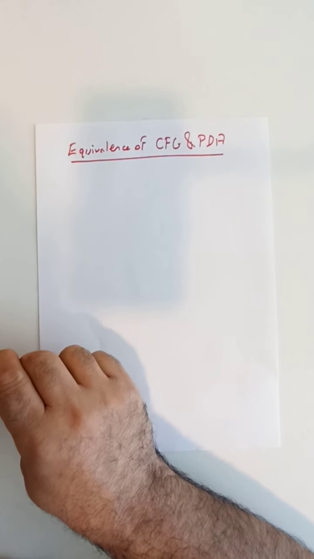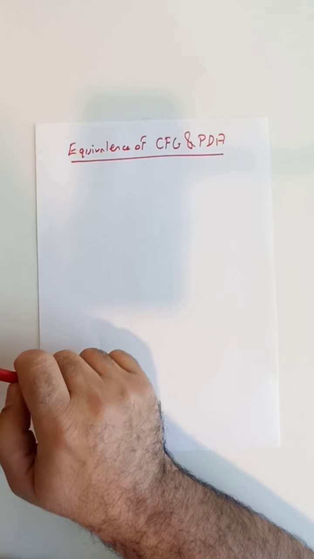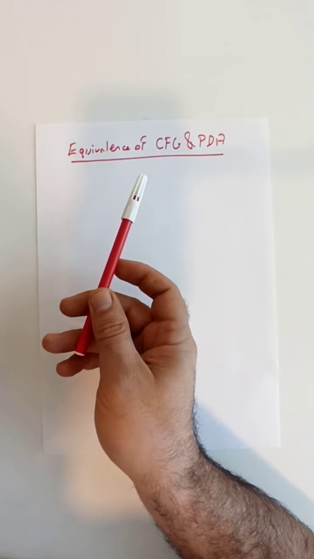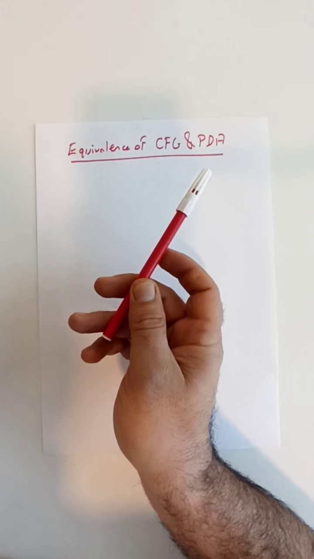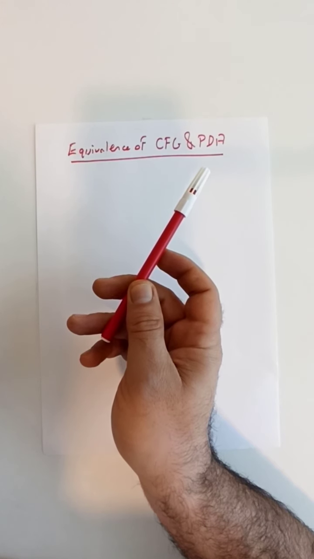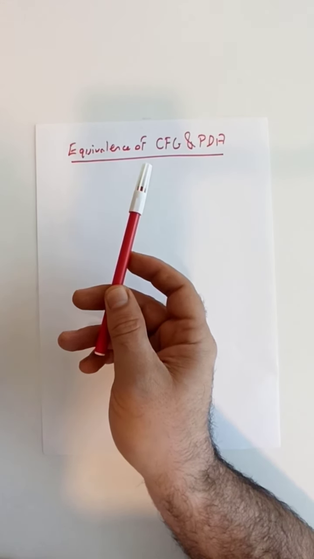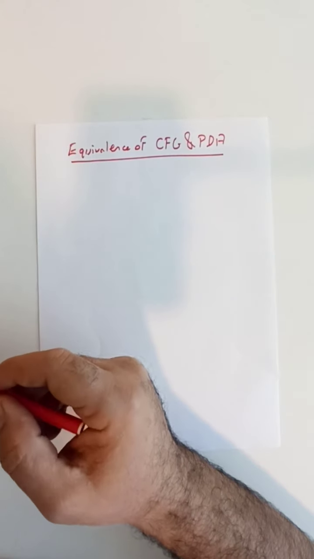For this equivalence, we have two sides to consider. One is that given a context-free grammar, we should be able to construct a PDA that is equivalent to it. And in the other direction, given a PDA, we should be able to construct a context-free grammar that is equivalent to it.